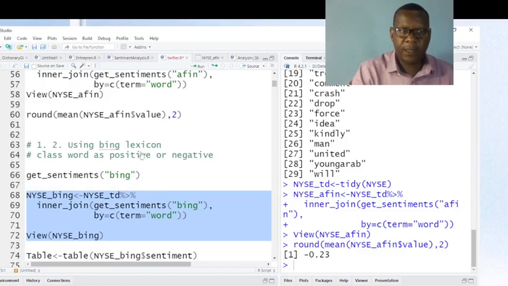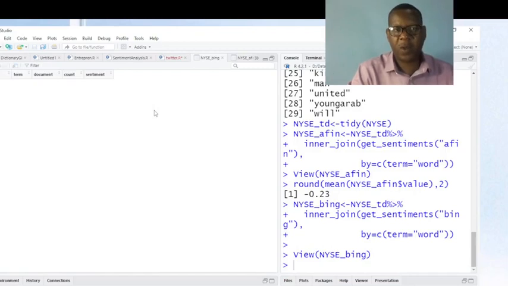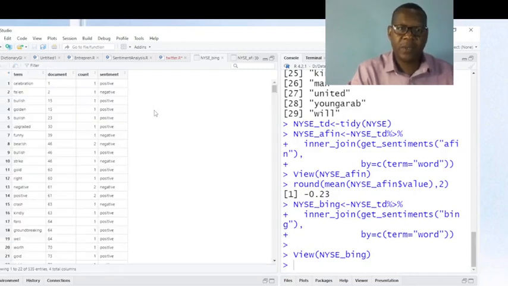Let's learn this. You will see also the results using the New York Stock Exchange. You see here, friends, this celebration, for instance, is positive, foreign is negative, bullish positive, Gordon positive, and so on.